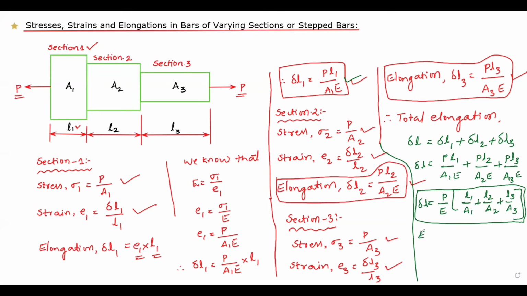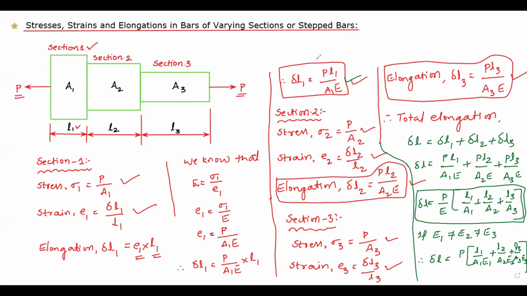That means, if E1 is not equal to E2 is not equal to E3, that is, the Young's moduli are different, then the total elongation, delta L, will be, with P common, L1 by A1 E1 plus L2 by A2 E2 plus L3 by A3 E3. Clear?